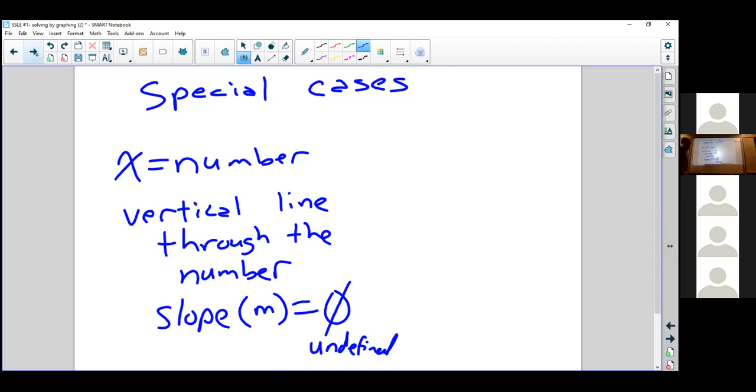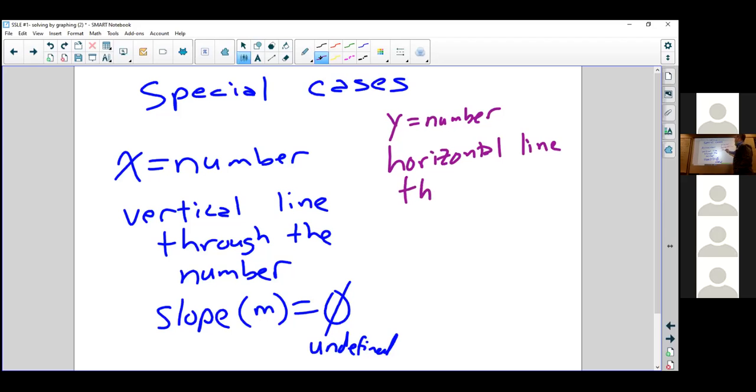Okay, so that's the first thing. The other special case would be if we have y equals a number. We don't have any other letters. This is a horizontal line through the point.